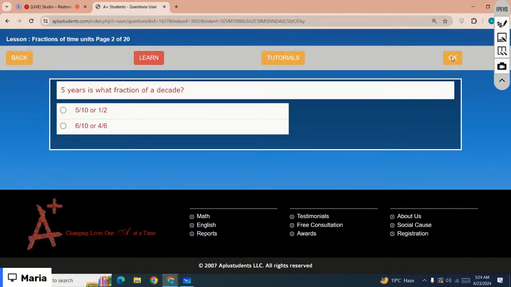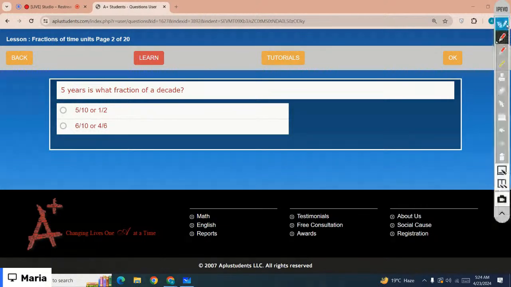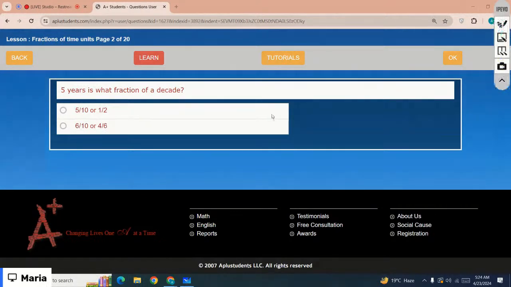So you have to see 5 years is what fraction of a decade. So in a decade you have 10 years, so it is 1 by 2 or 5 over 10. So then 5 years is half of the decade, right? The correct option is half of a decade.